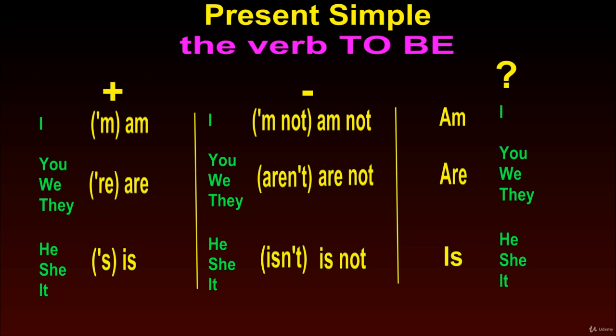I am not, or I'm not. You, we, they are not, or aren't. And he, she, it is not or isn't. And if you want to make the question, you put the verb to be at the beginning of the sentence. Am I? Are you? Are we? Are they? Is he? Is she?